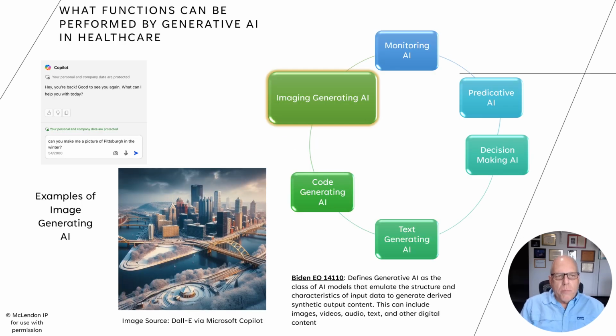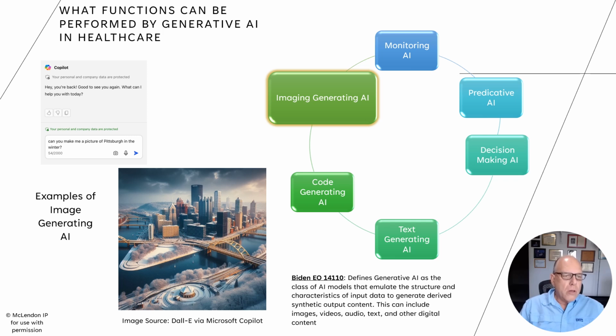What functions can be performed by generative AI in healthcare? AI has several different types or flavors, if you will, and types is an imprecise description, but I think you get the point. So within generative AI, which creates things, if you look in the upper left-hand corner, you see a picture of me talking to the Microsoft Copilot AI I use here on my work machine.